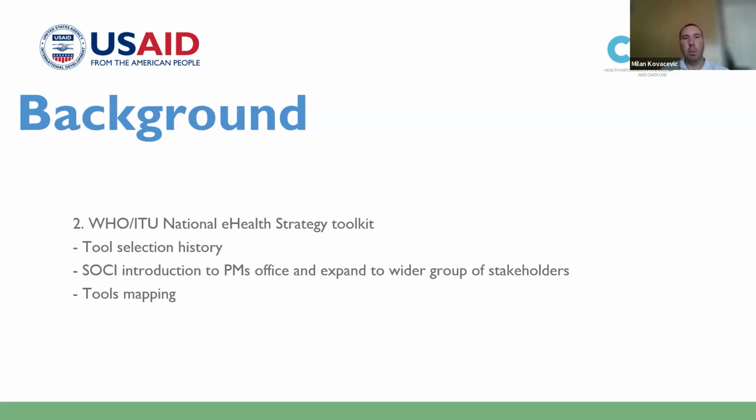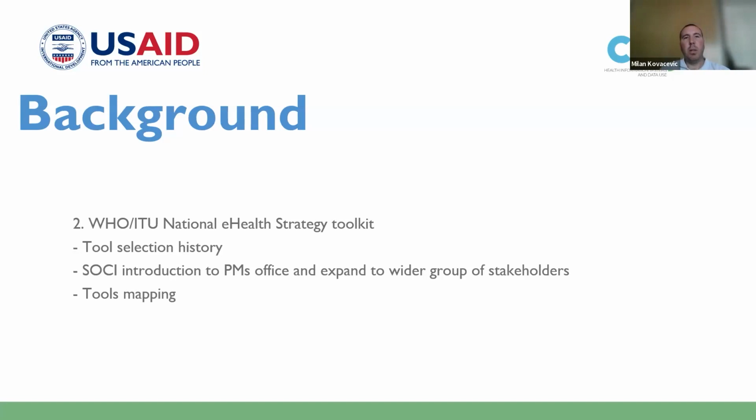Mapping was done by domains, and you already saw domains a few moments earlier when Alimo was explaining. And that work that has already been started can continue with the SOCI tool in Serbia.